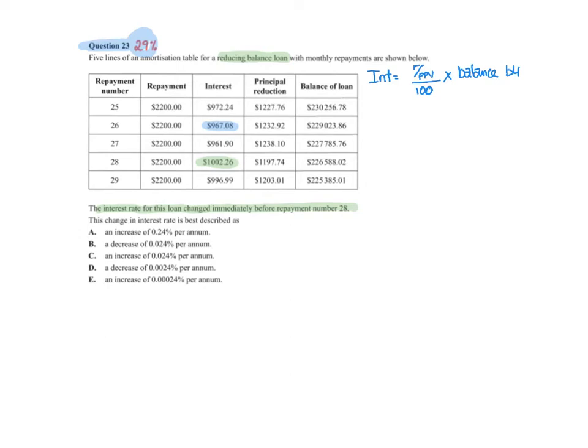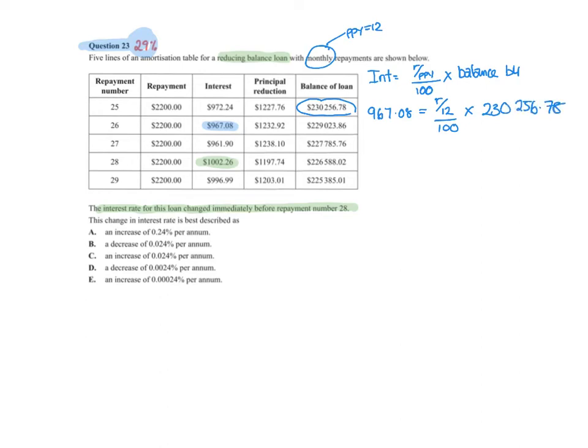Okay, so I'm going to use this interest, which is 967.08 equals the rate, which is what I want to know, over PPY. Now they said here that it's monthly, so I put over 12 over 100 times the balance before, which is here, 0.78.